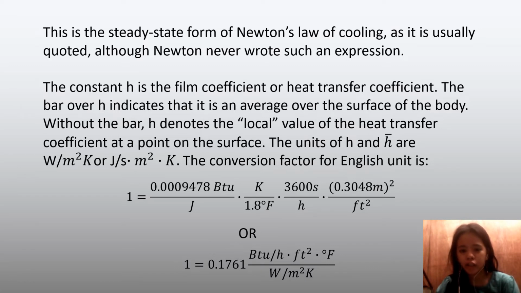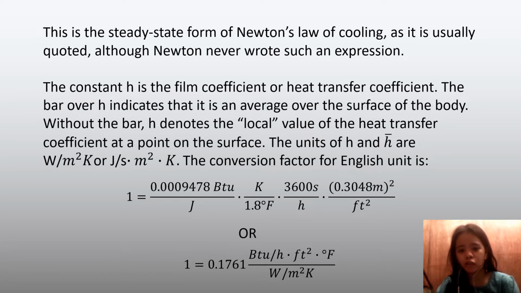Without the bar, h denotes the local value of the heat transfer coefficient at a point on the surface. The constant h is the film coefficient, or heat transfer coefficient. The unit of h and h bar is W over m squared K, or joules over s times m squared times K.